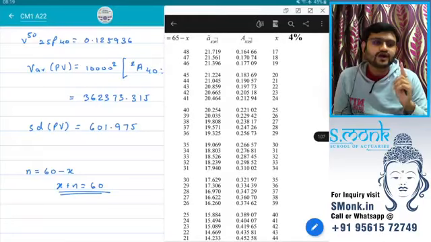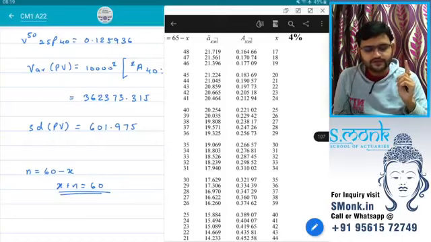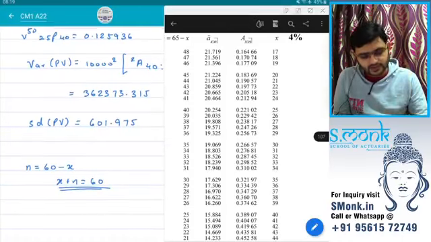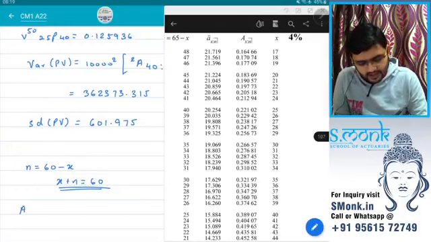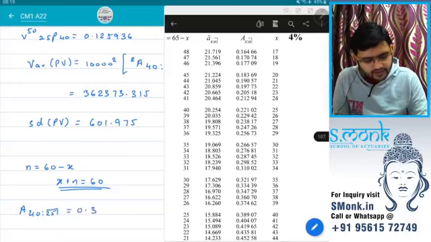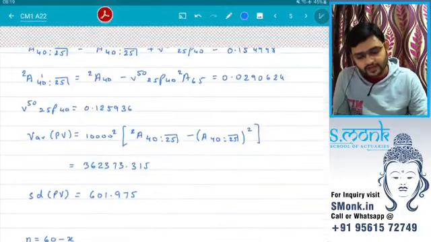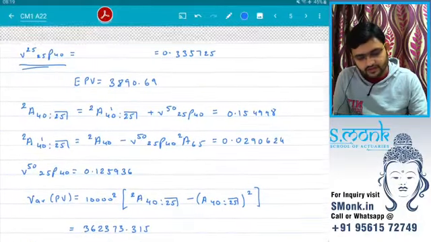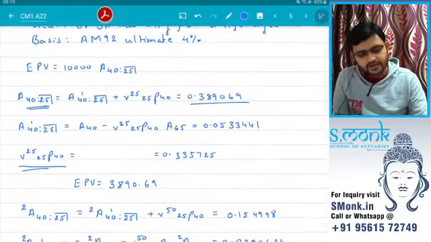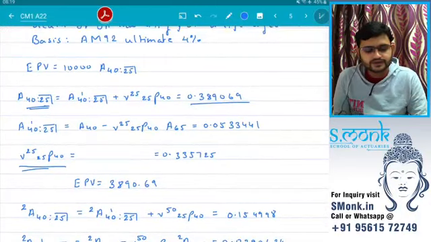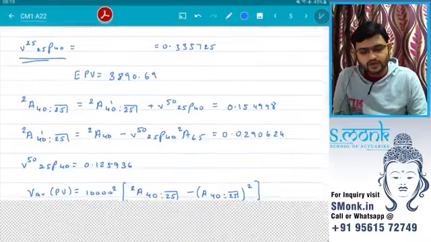But we cannot find variance using this. We can only find the expected present value. You can see that A_{40:25} is given as 0.38907, and we got the same value as well.